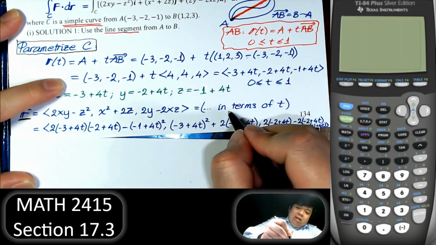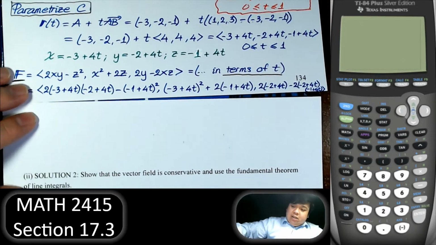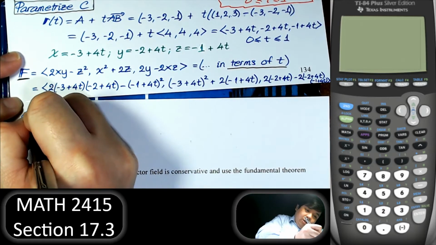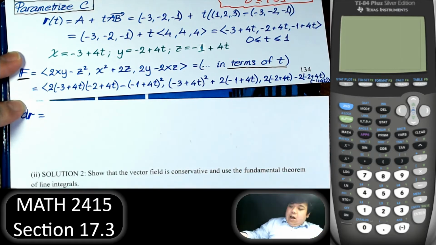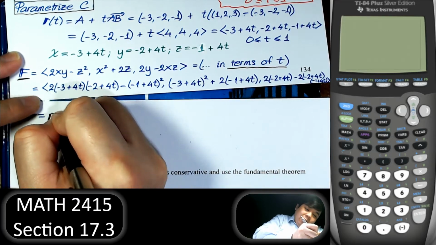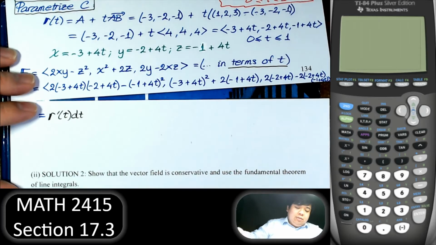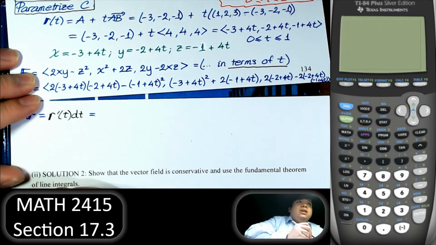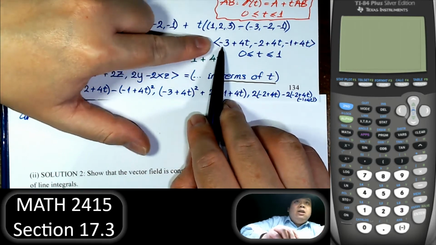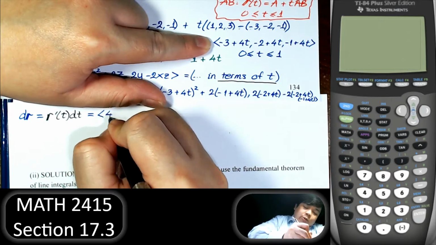Next, write that vector field in terms of t, and now we write dr in terms of t. dr equal to the derivative of r with respect to t, dt. This is r of t, right? We're going to take the derivative of this with respect to t. It's actually very easy, just 4, 4, and 4, dt.